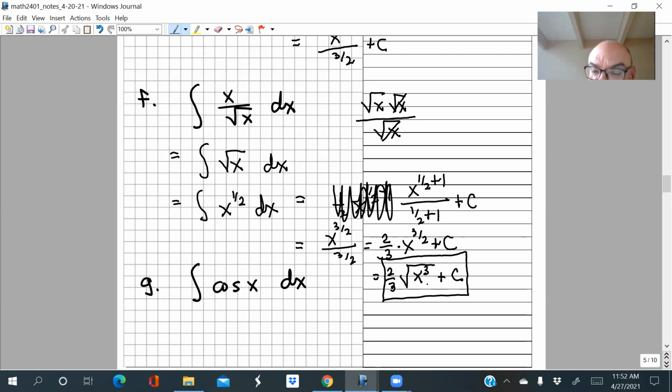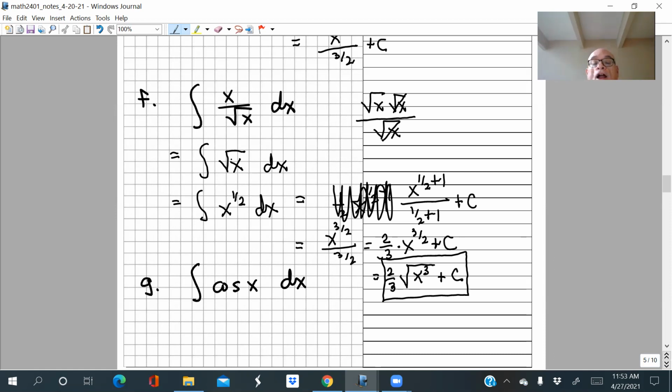If you differentiate what you get and that gives you the integrand, what you were trying to integrate, then you got the right answer. That's the only relationship between these two expressions. The derivative of this is supposed to be what you started with. So you can check yourself to see if you've gotten the right answer.